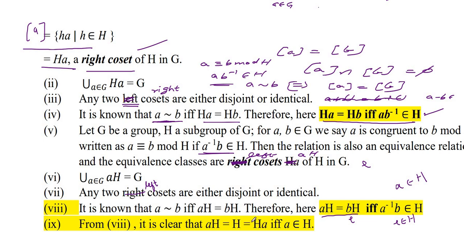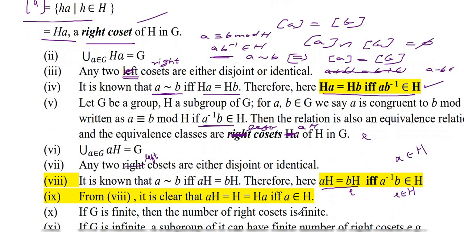Whenever this is true, my A will be in H. Originally A is considered to be a member of G only. So only if it happens will your A belong to H. And whenever A belongs to H, this H will absorb this and you have just H. So these results will be used later quite often.